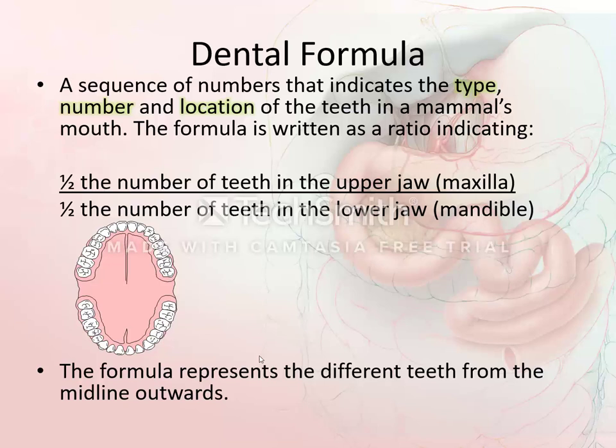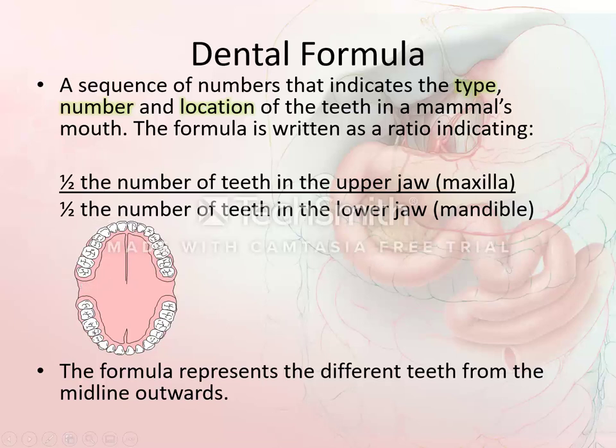The formula is split across the midline. So it only speaks for half of your teeth, half of your mouth in any case. So here, I call these my bunny teeth, right? Those two, those are the teeth that you would use to bite into an apple, right? It would half this, so where this line is, and only speak for one side.